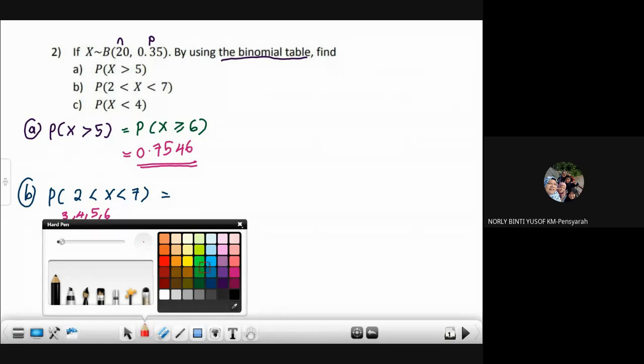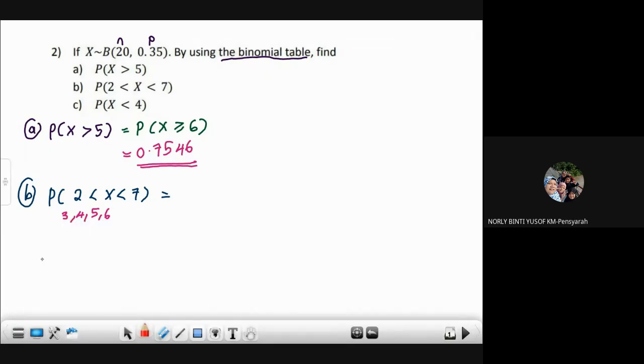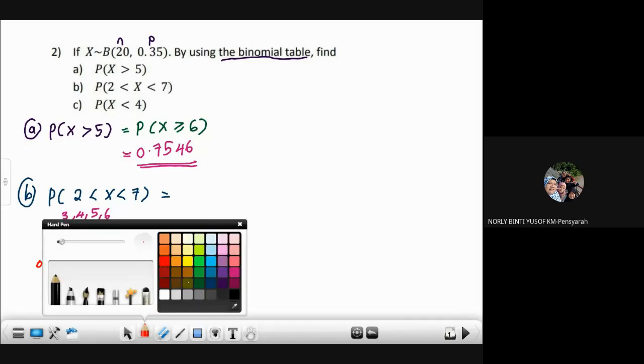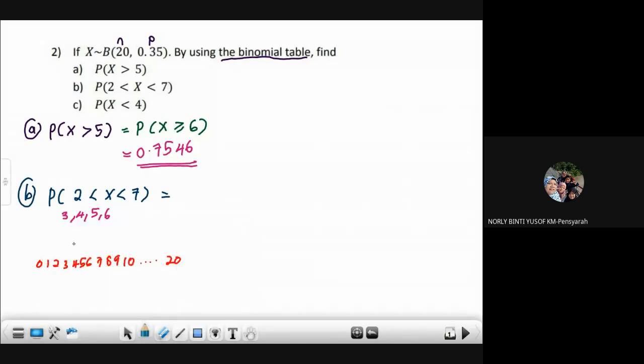So contoh, kalau you nak faham, you pakai nombor line lah. 1, 2, 3, 7, 8, 9, 10, etc. till 20. Sebab N you adalah 20 kan. Okay, jadi you nak cari tu adalah di antara 2 dan 7.